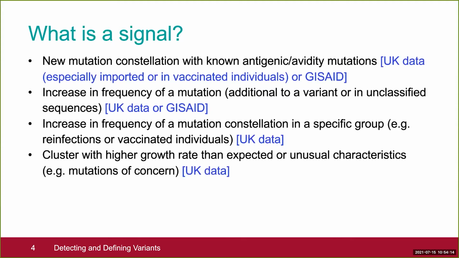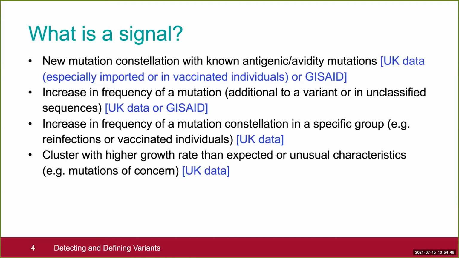But it didn't score particularly highly, because although we'd seen it before, we hadn't seen something quite as effective as Delta. So it flagged to us because, obviously the epidemiology in India at the time was very bad, but it was a constellation that we hadn't seen before, but we were starting to see it in these special groups and, you know, in imported cases, but also across in clusters. So it flagged in a lot of places.